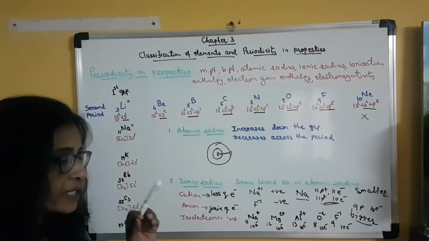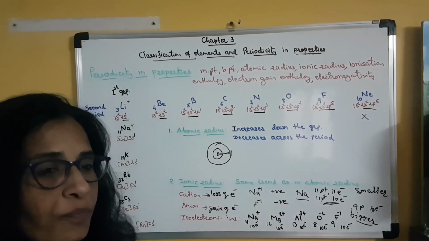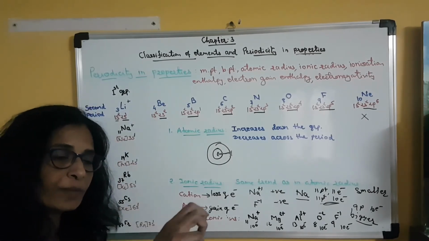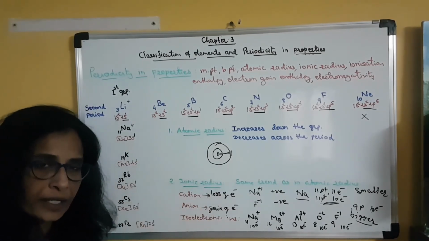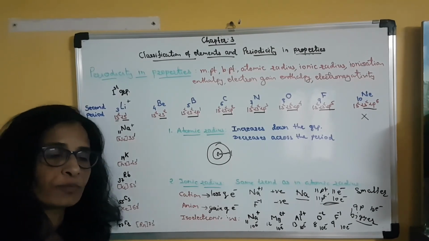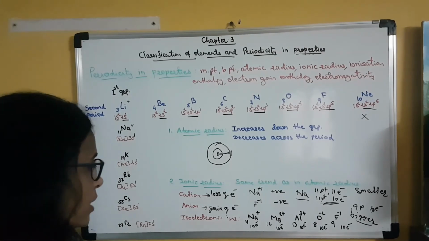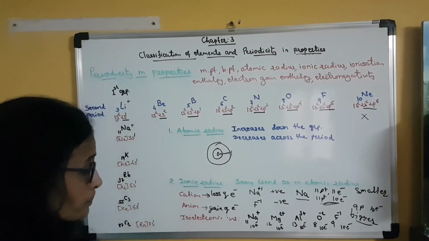This can be asked in an MCQ type question: which of the following is not an isoelectronic ion. Clear? Or you will be given a group of 3 or 4 ions, and you will be asked which of the following pair is not isoelectronic ions or isoelectronic species. Clear?